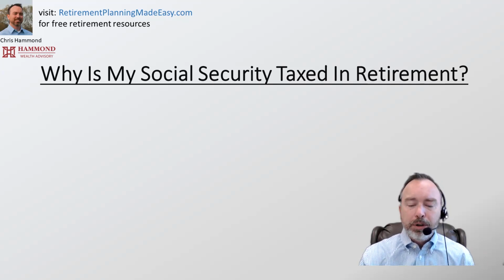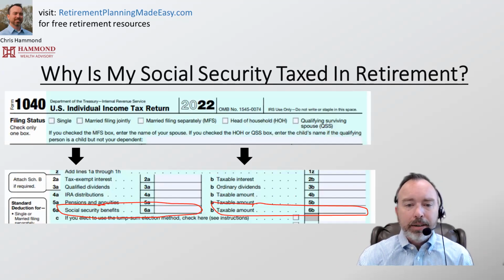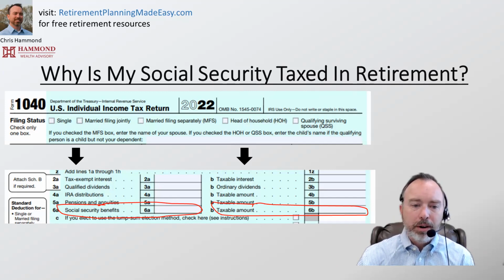Now, if you've looked over your 1040, we're coming off of tax season, you'll see this line on your 1040 where it'll say Social Security benefits. And that's where the benefits that you receive from Social Security were put in over here on the left side of the screen.